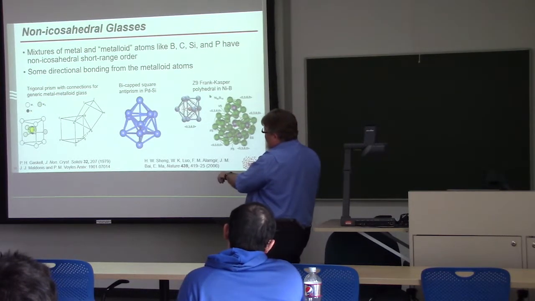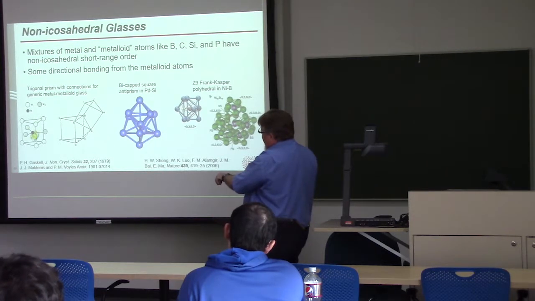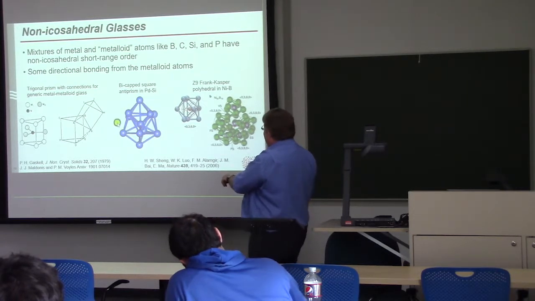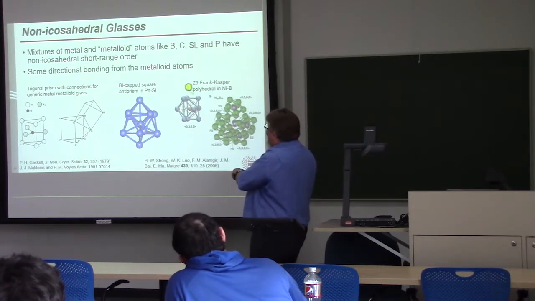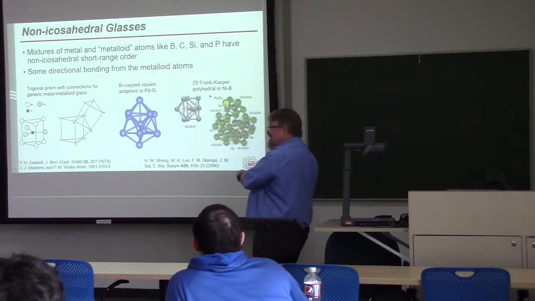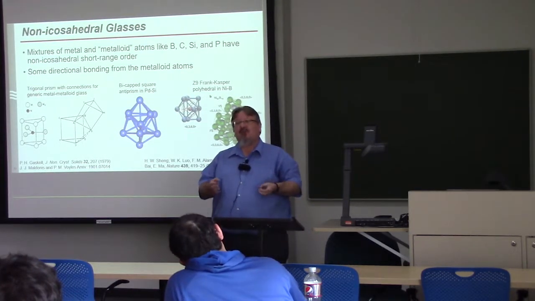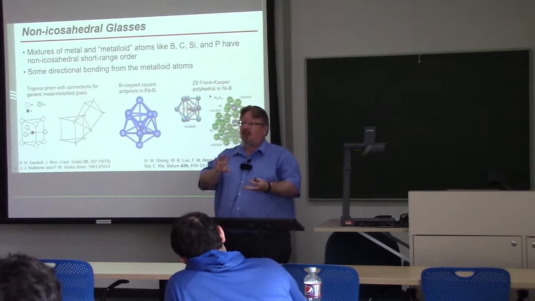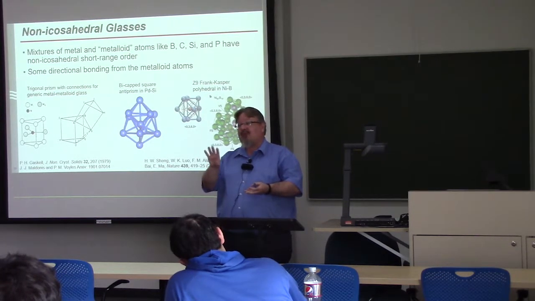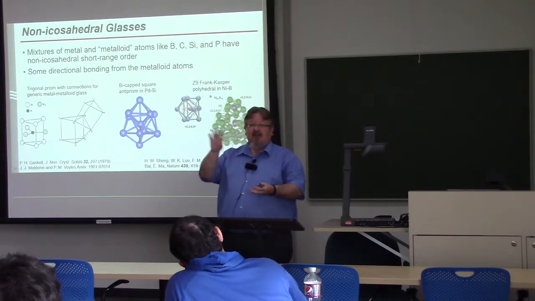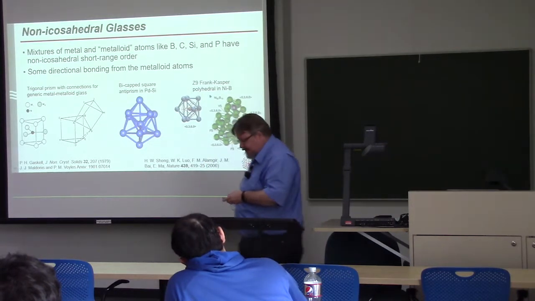Here's a standard trigonal prism with 3 atoms. Here's a bicapped square antiprism. Here's a Z9 Frank-Kasper polyhedron. You can find predictions in the literature for different compositions as to what the dominant short-range motif is likely to be given the species and the coordination number.